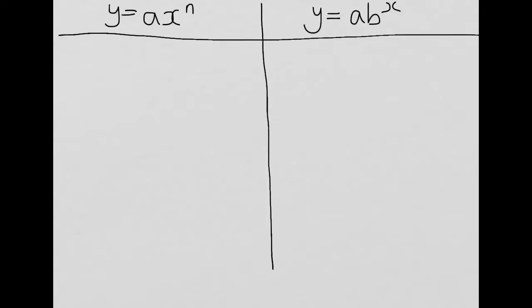If I look here, there are two ways that I might see an expression written, and I want you to notice the difference here. x and y are my variables, and the other letters there are constants, but you don't know what they are.